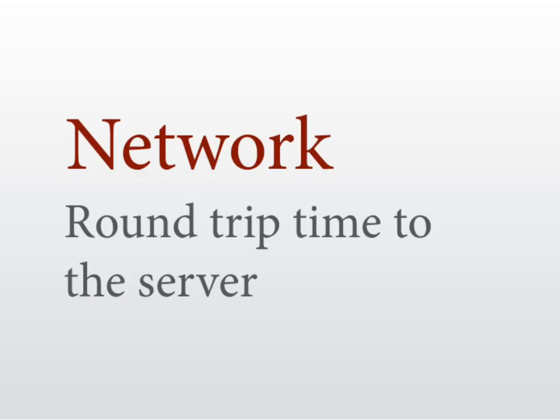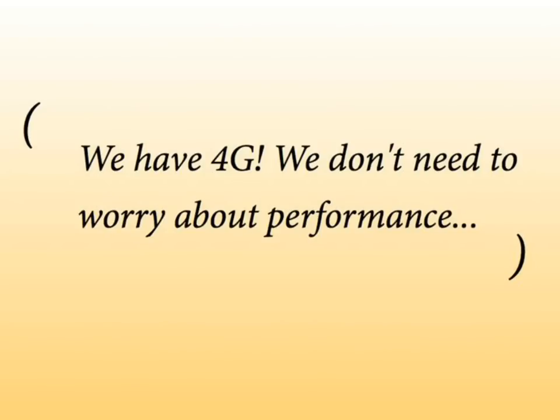I'm talking about the network round-trip time to a server. I'm sending a request to a server and I need the answer, maybe because I'm showing something on the screen, or I'm waiting for a response, or I'm posting something. And I'm pretty sure that some of you at this point are thinking that we shouldn't care about performance anymore because we have 4G.